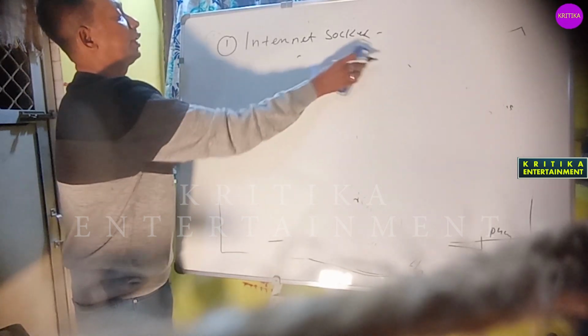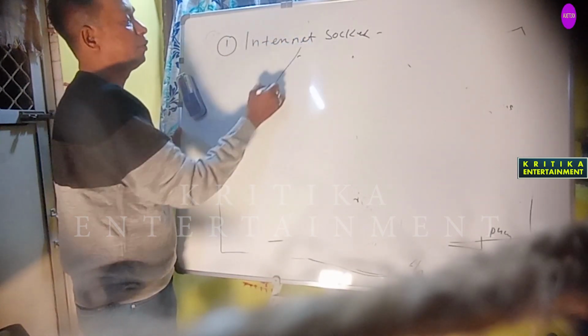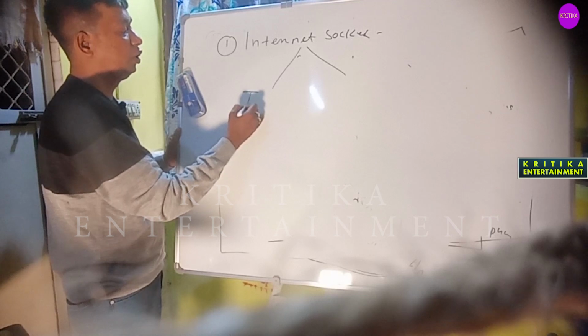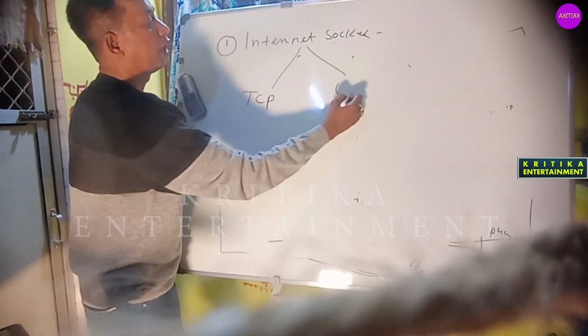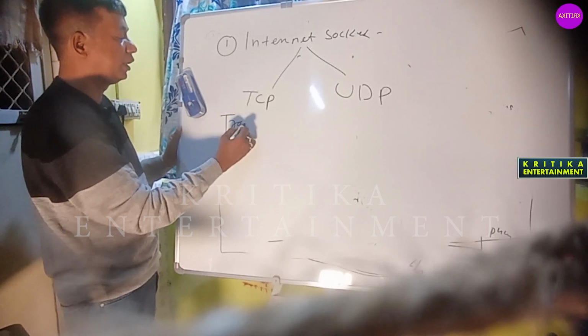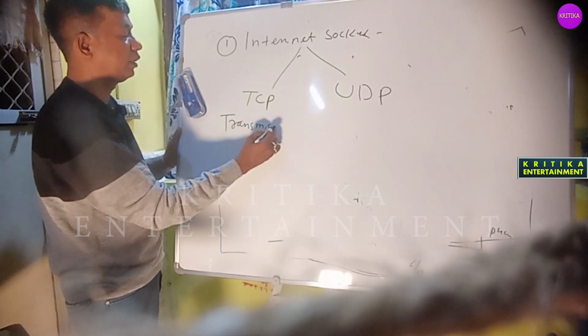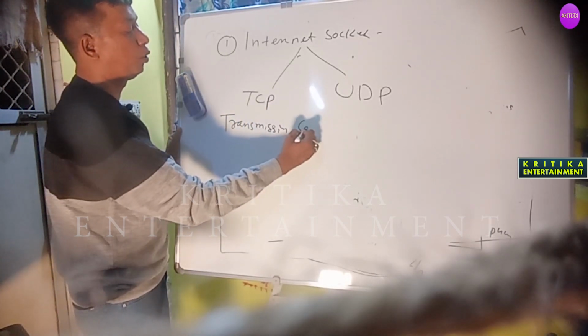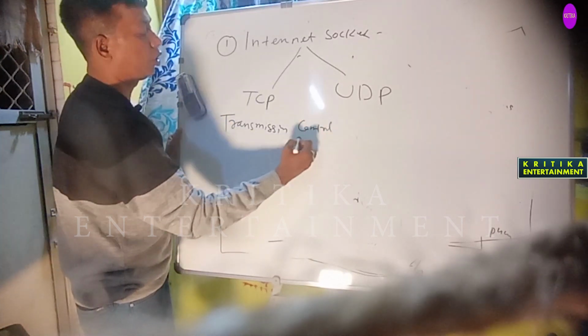Internet sockets are again divided into two types: TCP and UDP. TCP means Transmission Control Protocol.